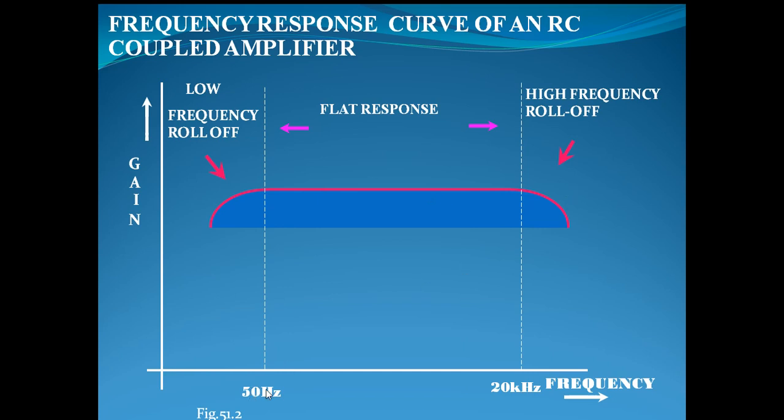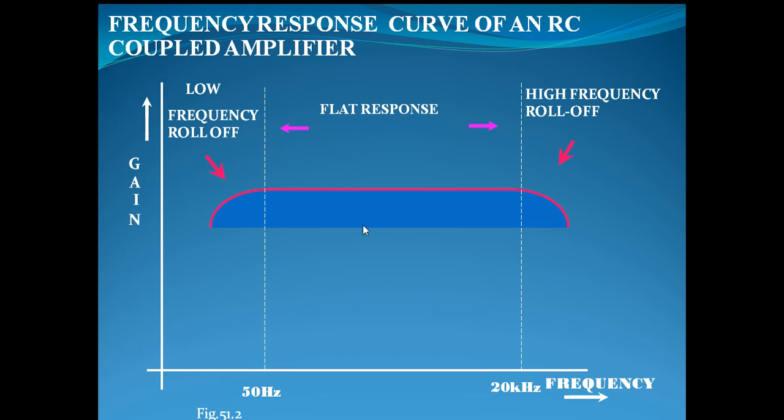After 20 kHz, it again gets down. This is called roll off. For low frequencies and high frequencies, the response is less, whereas from 50 Hz to 20 kHz the response is flat, meaning there is no variation in the gain during these frequencies.